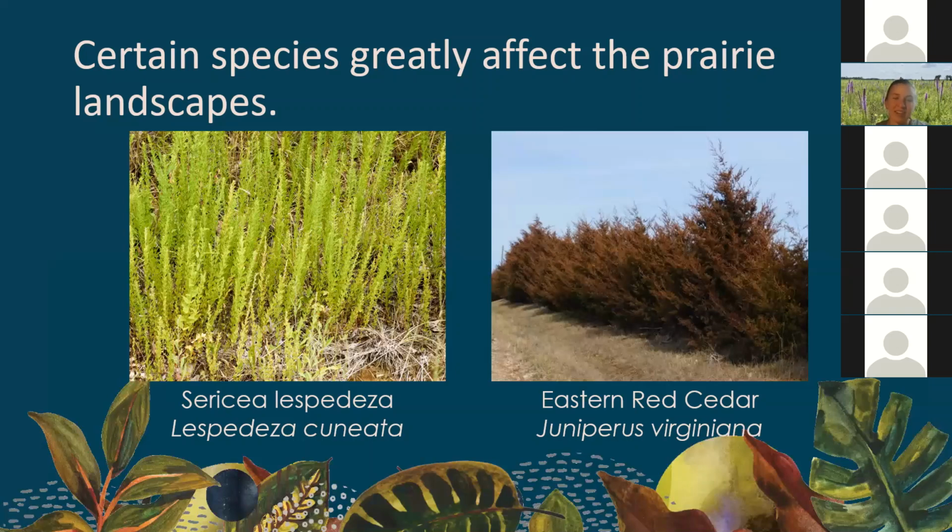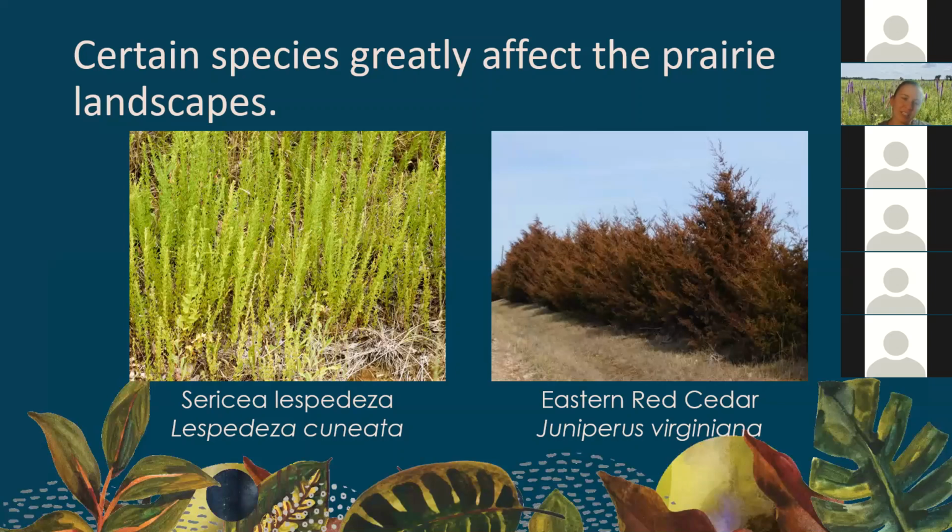Invasive species are honestly a conversation in part of every conservation management area today. Unfortunately, everyone's having to manage them in different ways. And what it really comes down to is that invasive species challenge the integrity of the remaining prairies we have.